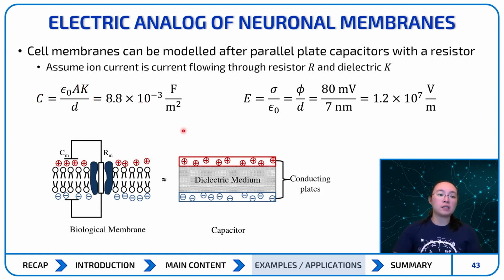That capacitance is equal to 8.8 times 10 to the negative 3 farads per meter squared. You can also calculate the electric field from the surface, which ends up being 1.2 times 10 to the 7 volts per meter. So there are many different things that you can do when you model membranes based off of physical concepts.